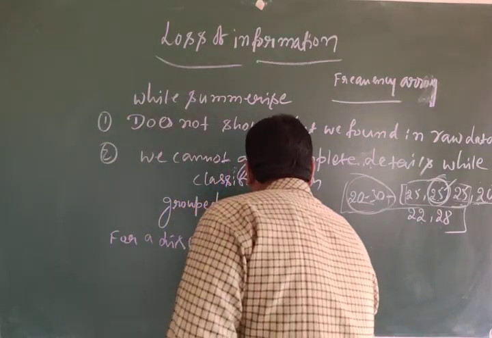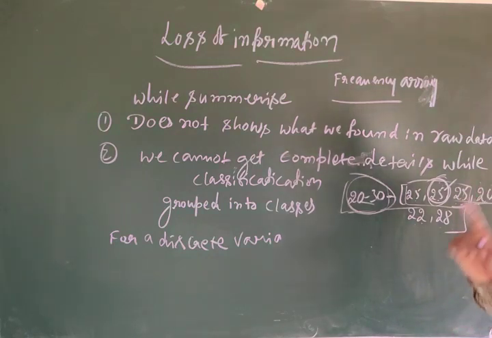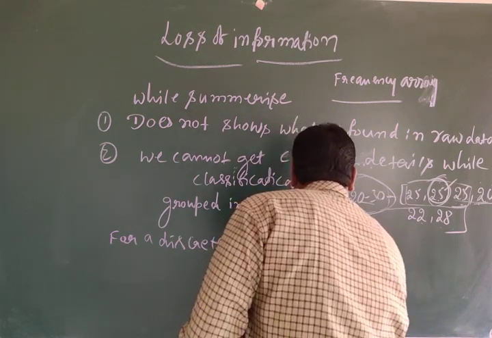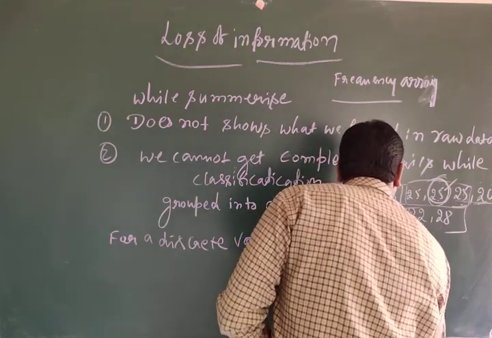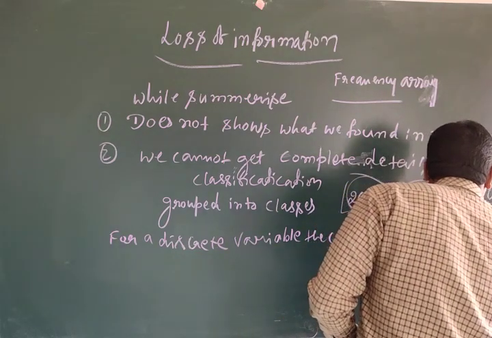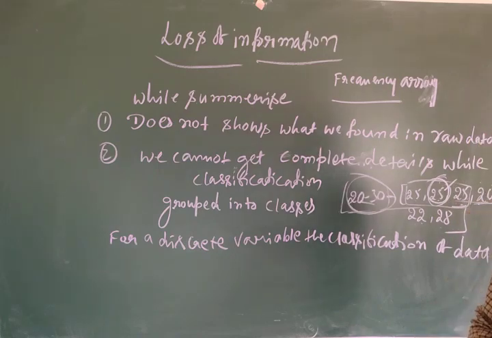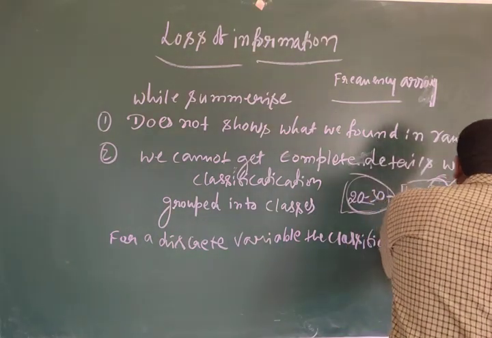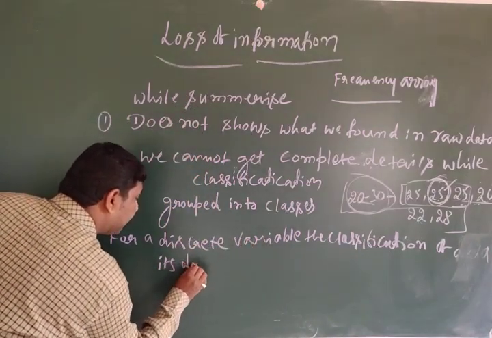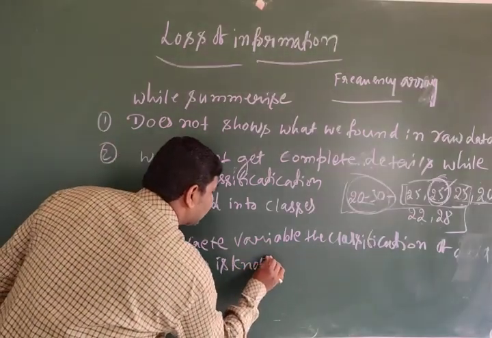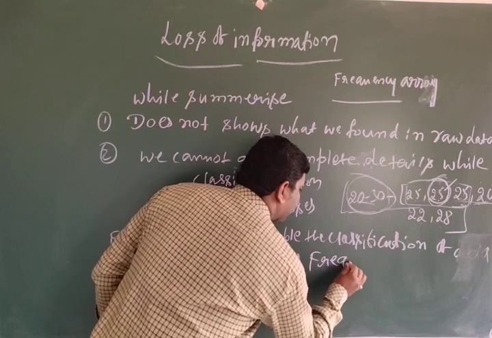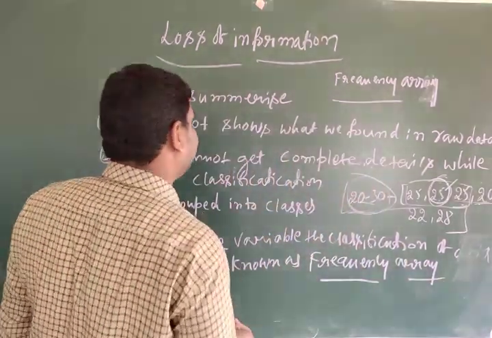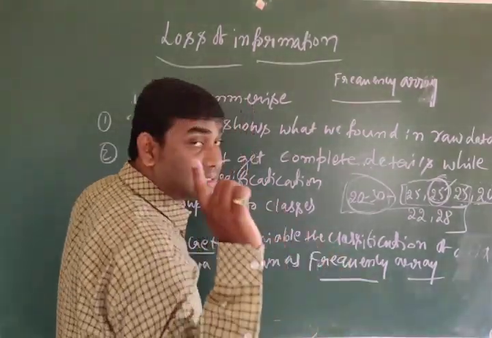You know that variables are of two types: one is continuous, another one is discrete.